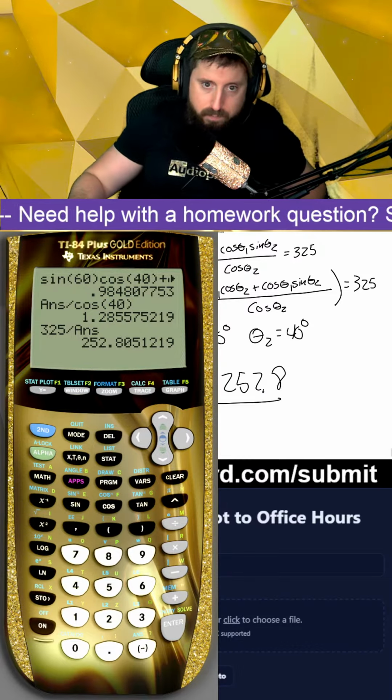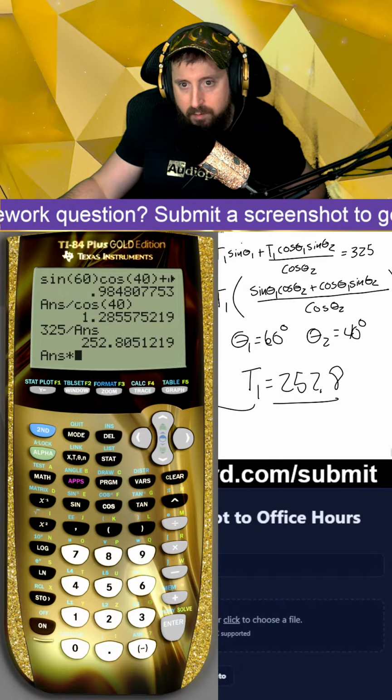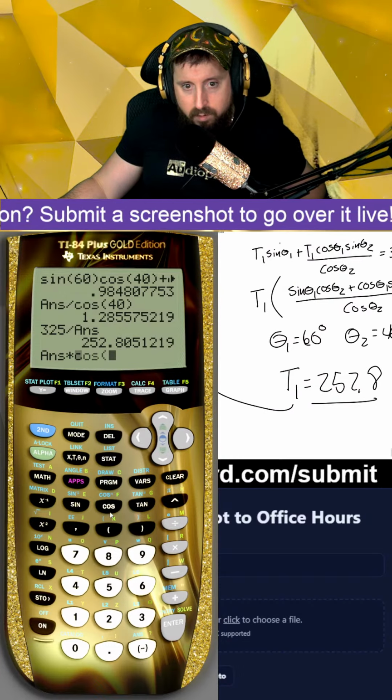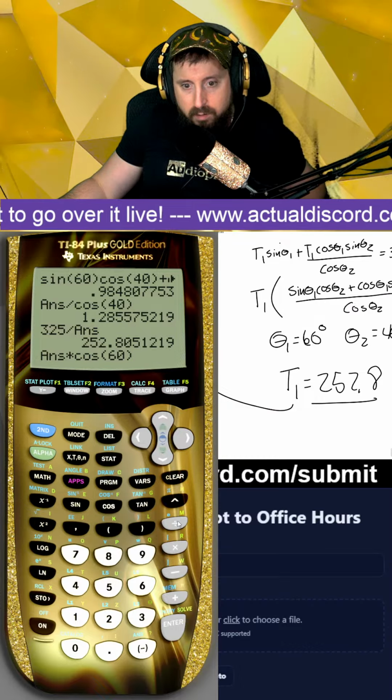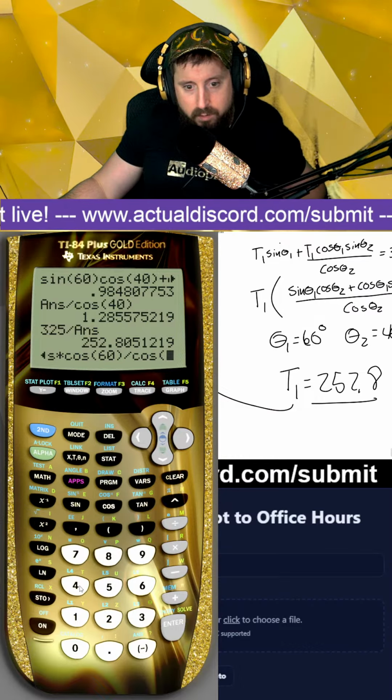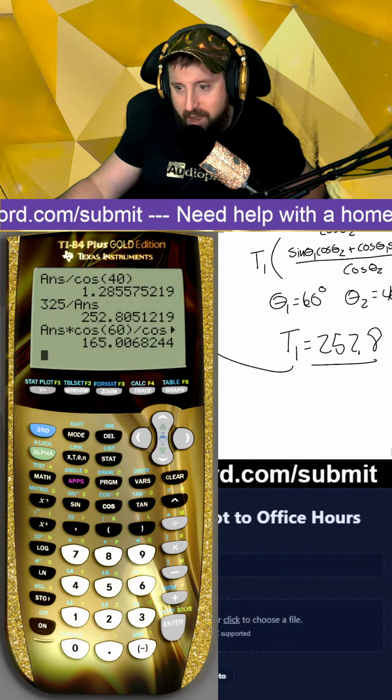And then you take that and you just plug it into here to get T2. So I'm going to do that times cosine of 60 divided by the cosine of 40. And that's going to get me 165 on the dot.